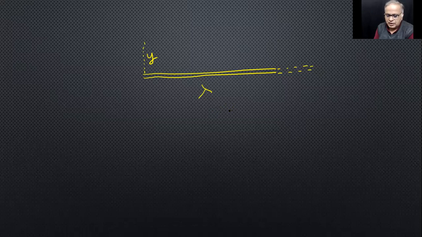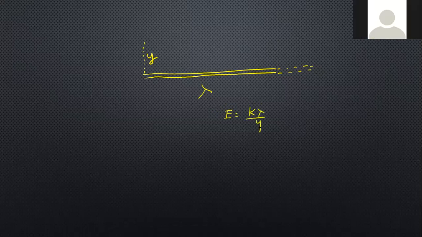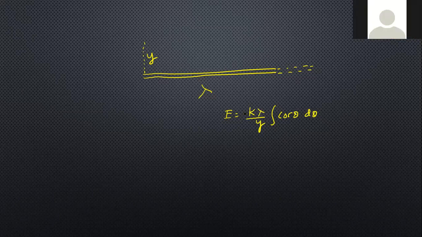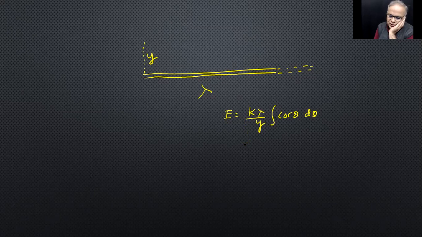So tell me that final formula we had, E equals, look into your notes and tell me. K lambda by y, integral of cos theta d theta. So on this side it is 0 angle, this side it is 90.